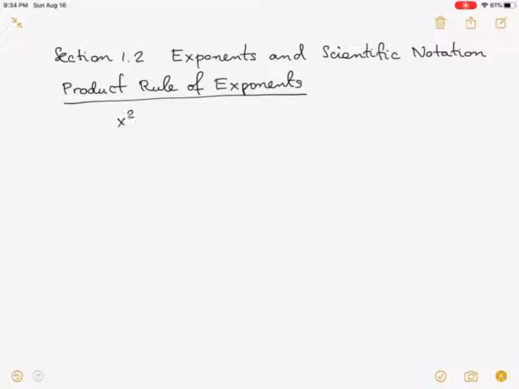So, consider the product x squared times x cubed. Both of them have the same base x, but they are raised to different exponents, 2 and 3.